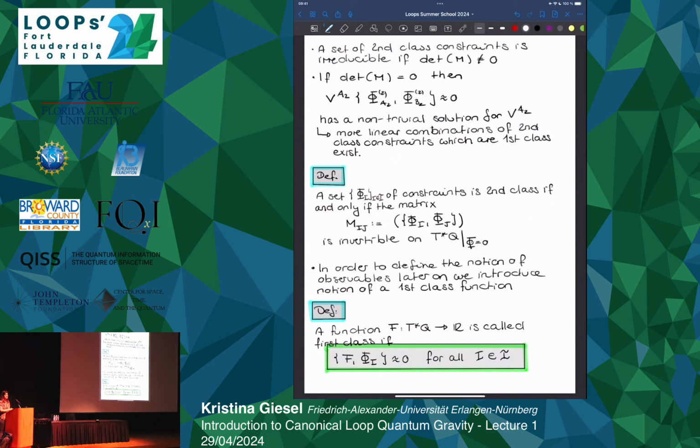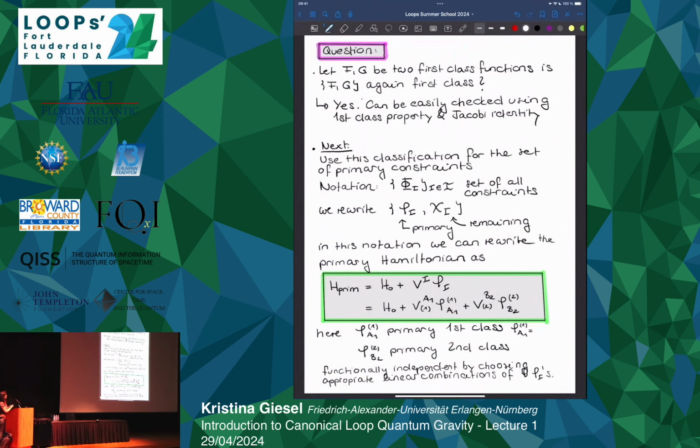Yeah, so for instance, a first-class constraint would satisfy this condition. But in general, we look for different things than first-class constraints if we think about first-class functions. So this is a more general notion here.